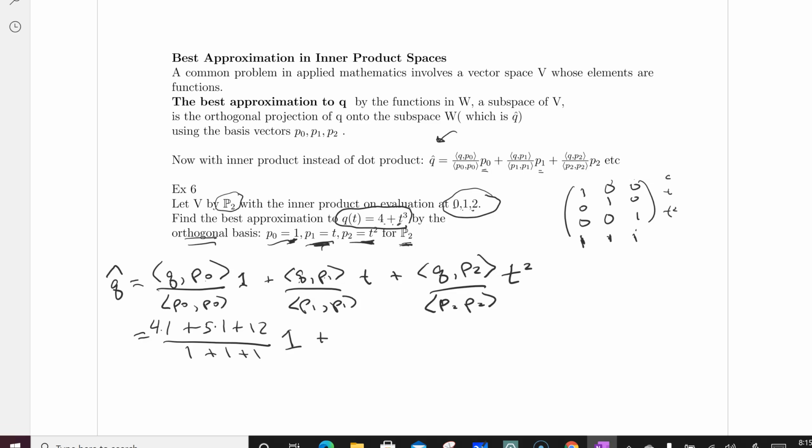So Q at 0 is 4, and then P1 at 0 is 0 plus. So Q at 1 gives me 5, and P1 at 1 gives me a 1 plus, and then Q at 2 gives me 12, and P1 at 2 gives me 2. So that gives me a 24.